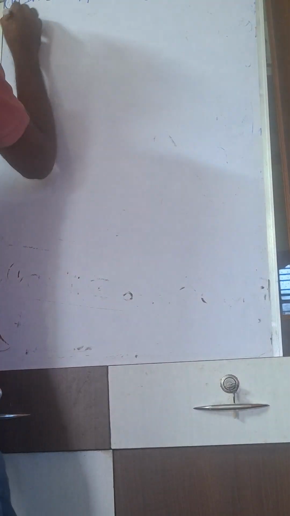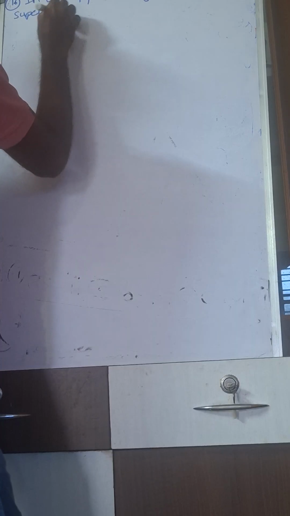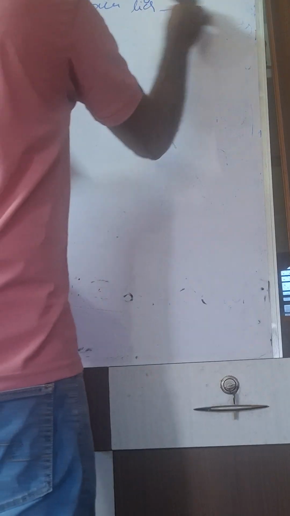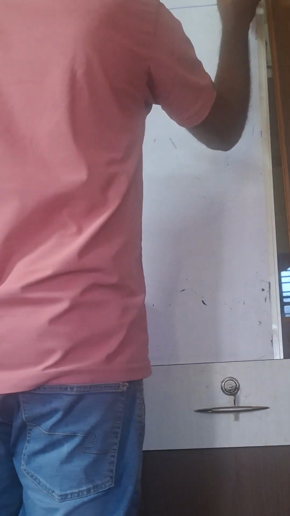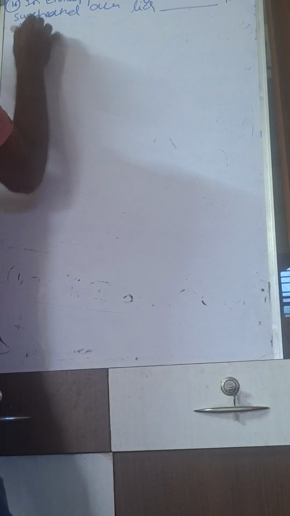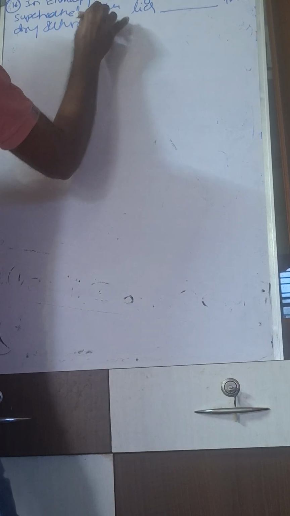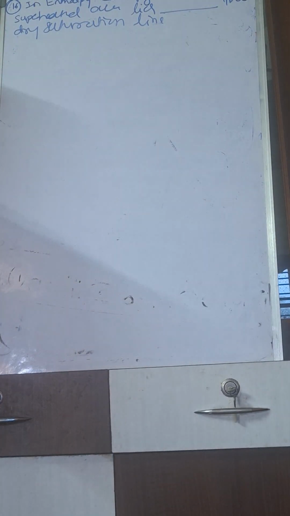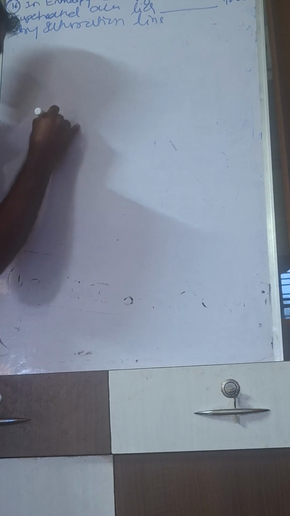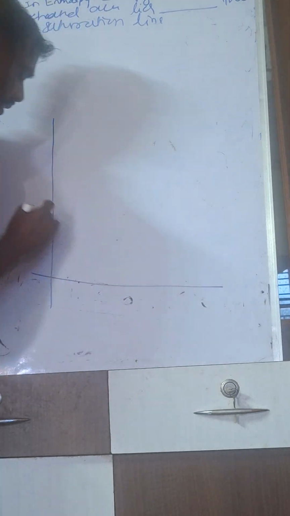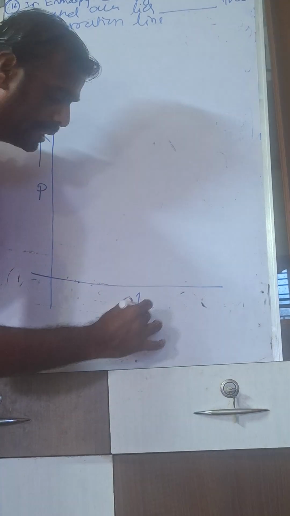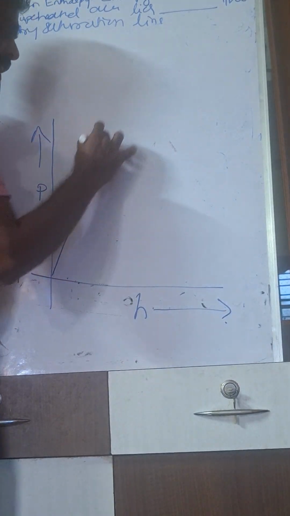See, the first one, I just write it here in the diagram. This is the vertical line, this is the horizontal line. The vertical line indicates P, and this one indicates H. This is the saturation curve.